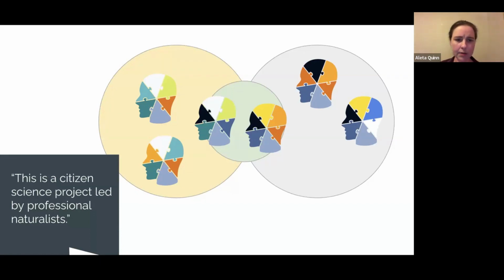Here's a quote that was overheard at a meeting of the Partners in Amphibian and Reptile Conservation. This is a citizen science project led by professional naturalists. And you have various certification programs developing as well. The Master Naturalist Program, Ottawa Naturalists, where I am here, a club, some form of reputation, some form of community building as well.